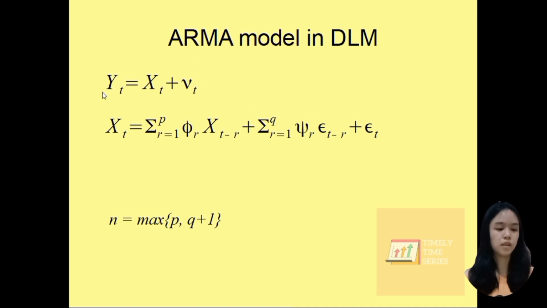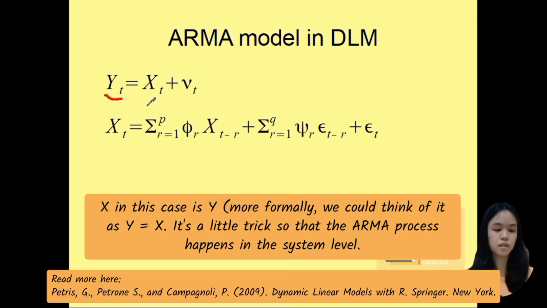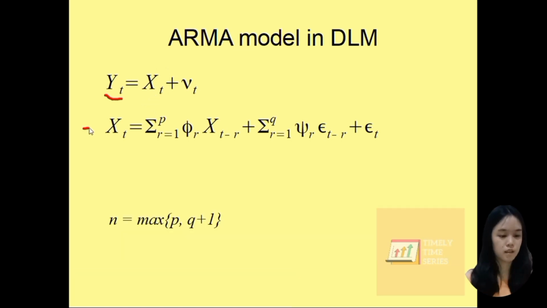Again, let's denote the bond yield as Y, and we want to model Yt, but this time Yt is determined by a new variable, which is X. Xt is modeled as the linear combination of some previous values of X. Let's say that we have P previous values, plus a linear combination of several previous innovations.